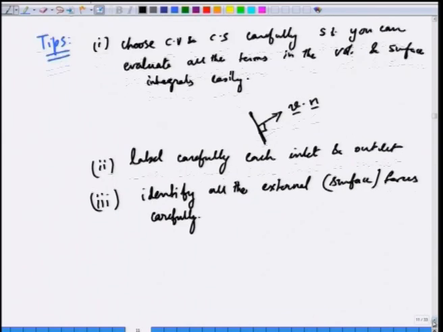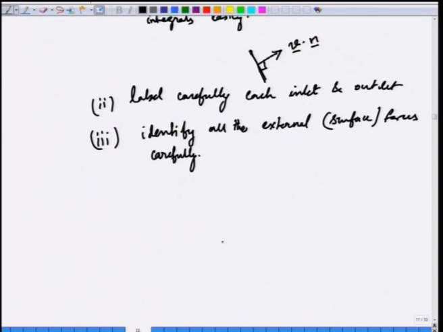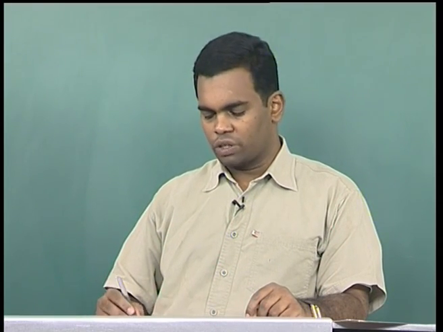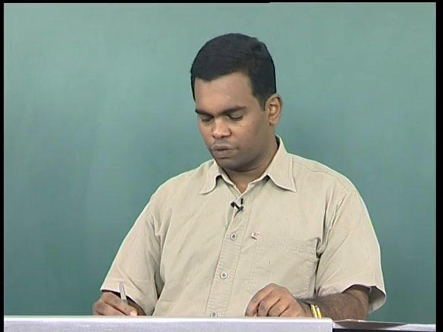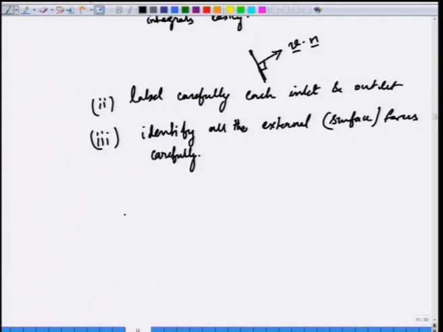Now, the surface forces, as I told you, are mainly due to pressure, but in some applications you will find that your CV will cut across a solid surface. For example, let us say a fluid jet is impinging on a solid surface. Let us draw the solid surface with blue.